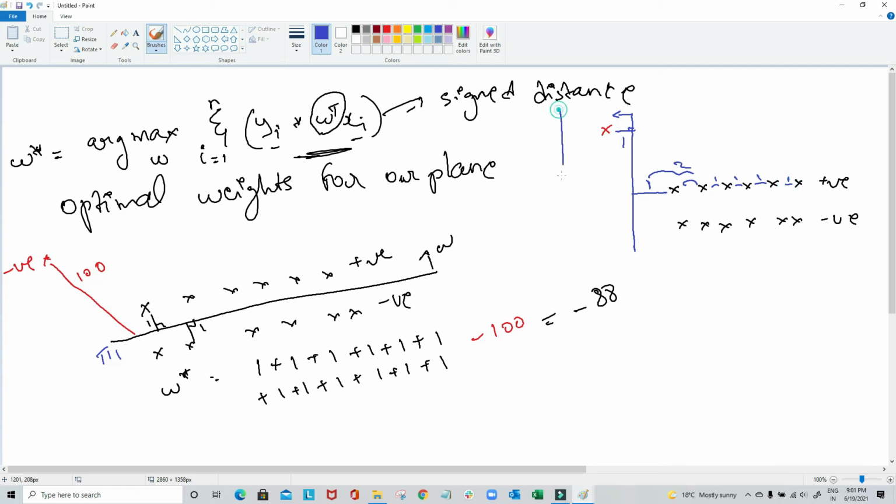So if we calculate our sum of sign distances, this would be 1 plus 2 plus 2 plus 3 plus 4, 5, 6.